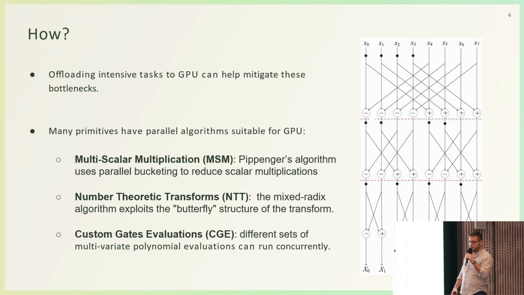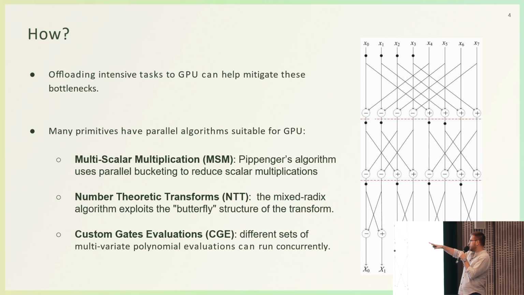Once we profiled, we tried to identify which of these primitives are GPU friendly, or anyway admit a parallel algorithm for their execution. We were lucky because this corresponds to some of the bottlenecks of our prover.